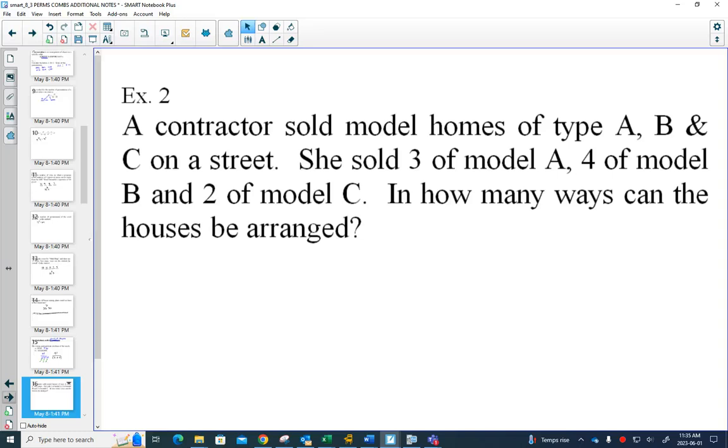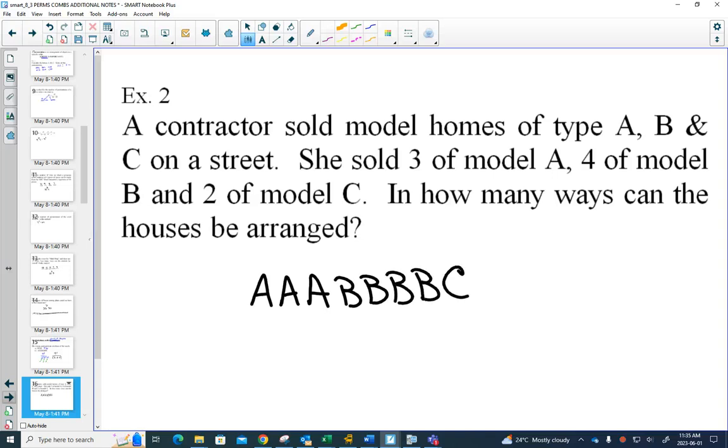So we have to recognize when a question is an identical objects question. And then once you recognize it as an identical objects question, you try to make some word using letters that has those letters repeated. So this one, we've got 3 of model A, 4 of model B, and 2 of model C. Here's our word.